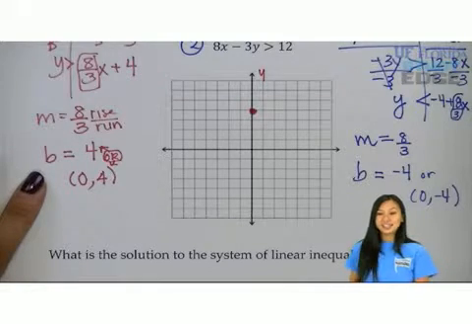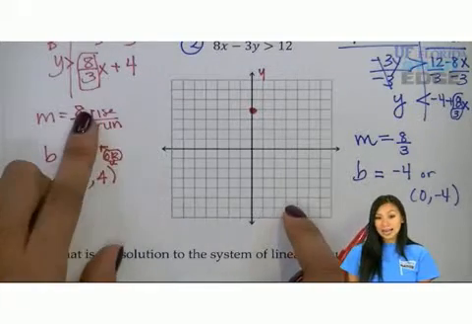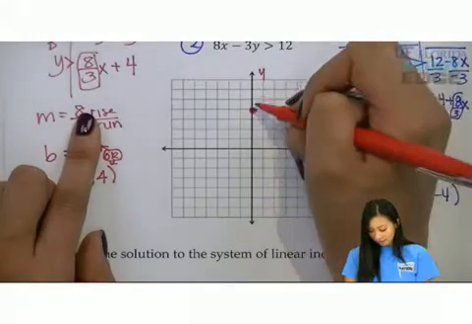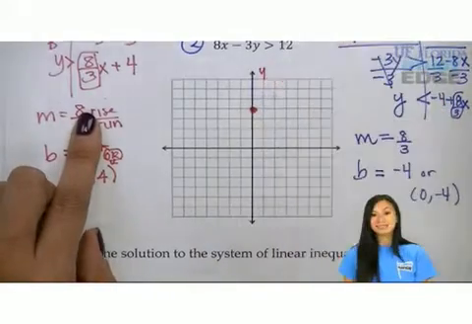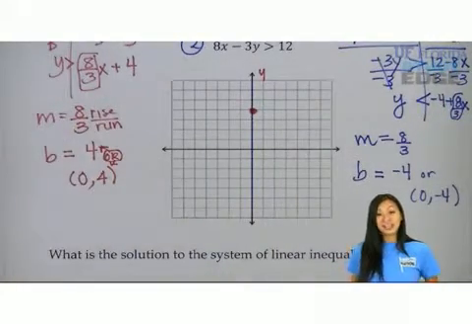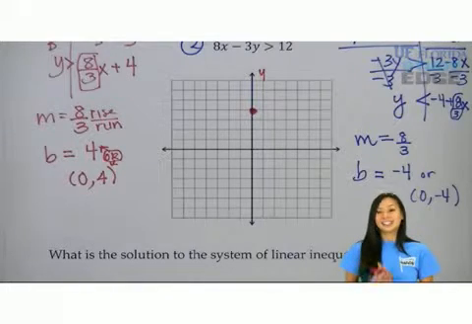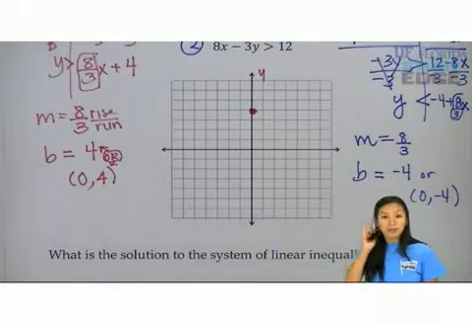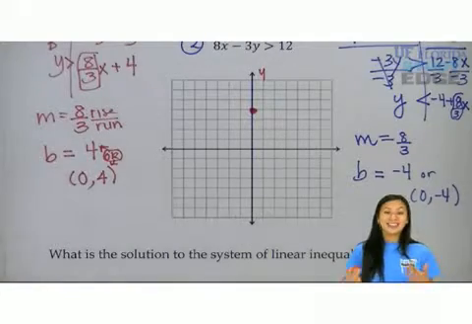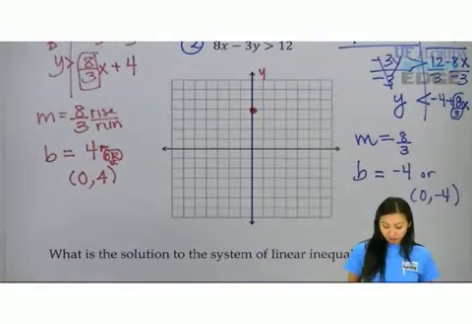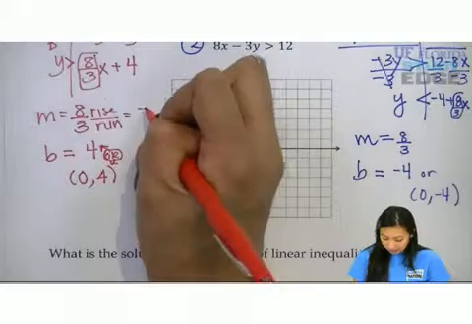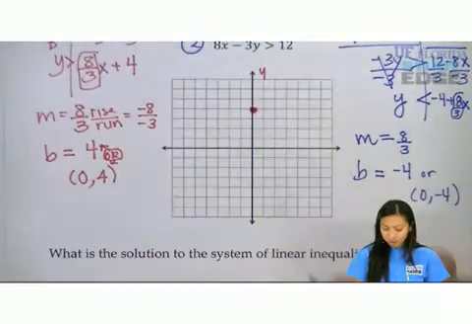All right, so check this out. I have to rise positive 8. Do I have positive 8 spaces to go? Not at all. I'm off the grid. That's okay. Don't give up. There's still a solution for that. Remember that I could also go in the opposite direction. 8 over 3 is the same thing as negative 8 over negative 3, right?